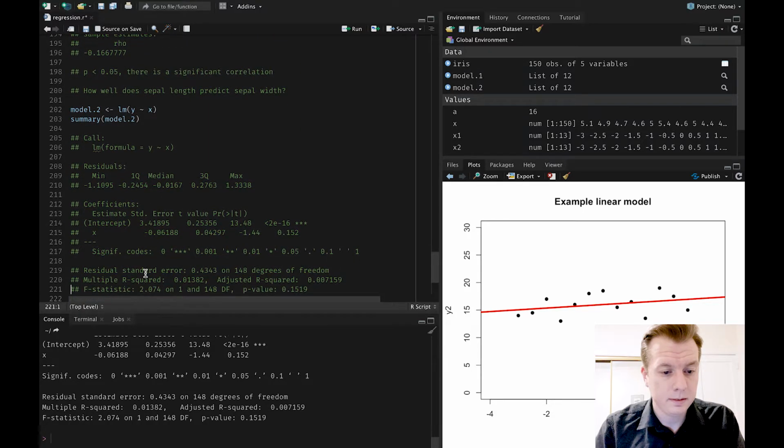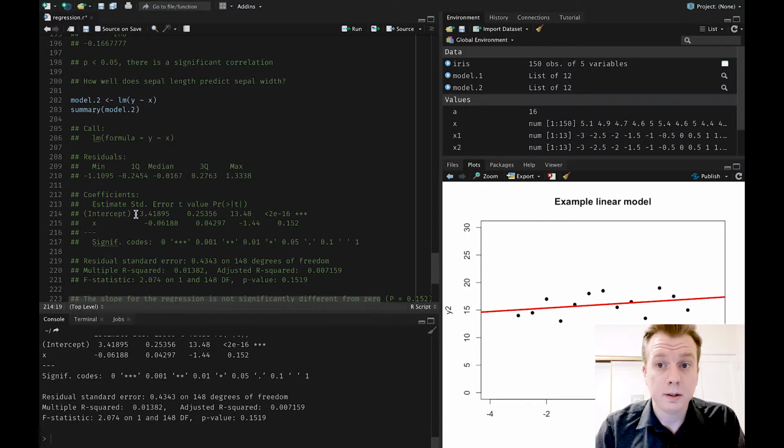And we have our intercept, or a, of 3.41895. And we have our slope, which is negative 0.6188.